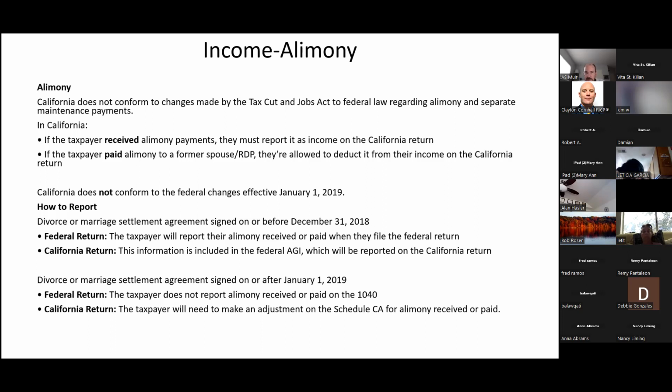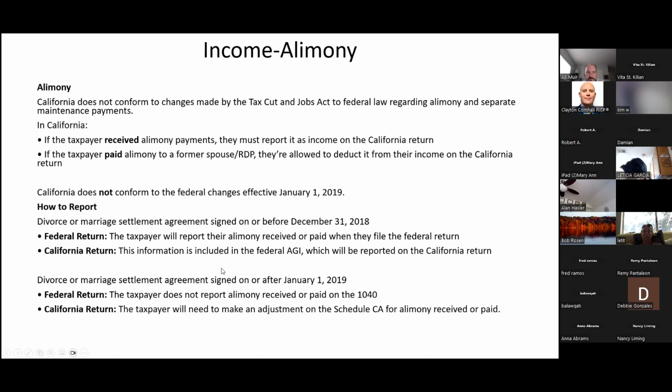It was a surprise to her that she had to report that alimony, this being an older divorce. And then, of course, under those older divorces you were allowed to take a deduction, or an adjustment, I should say, for the amount that you paid that former spouse.